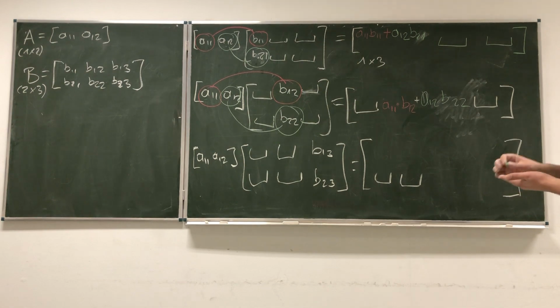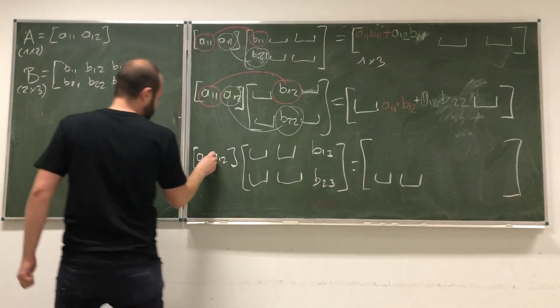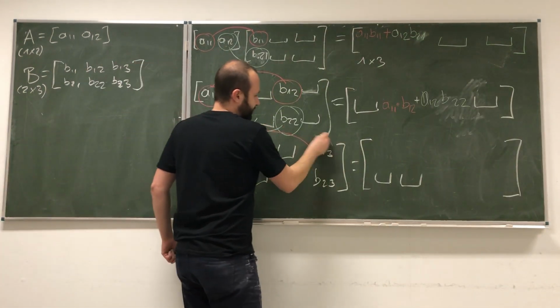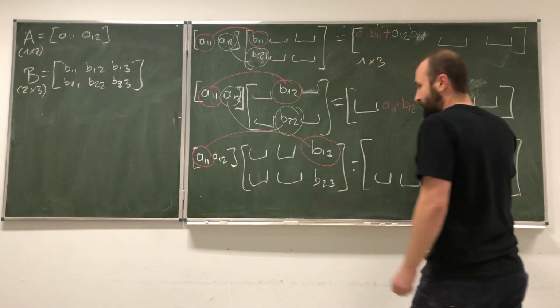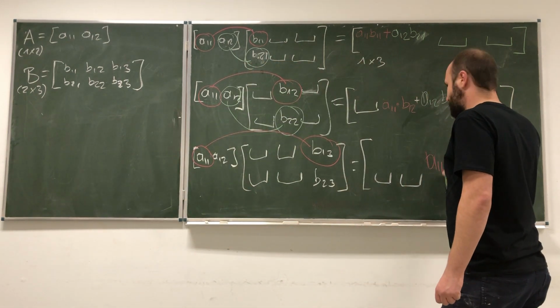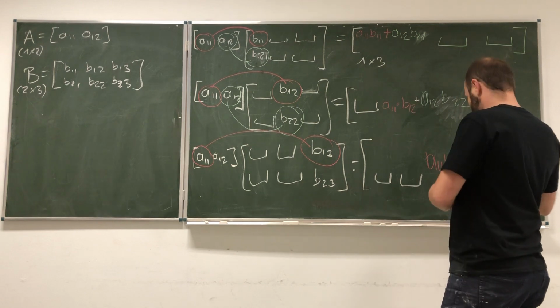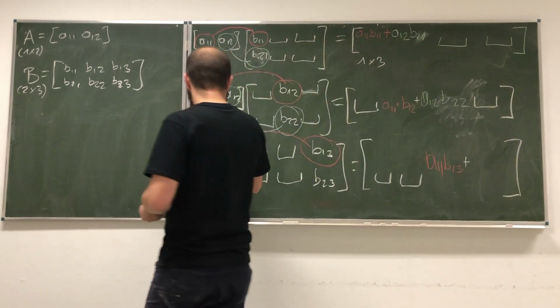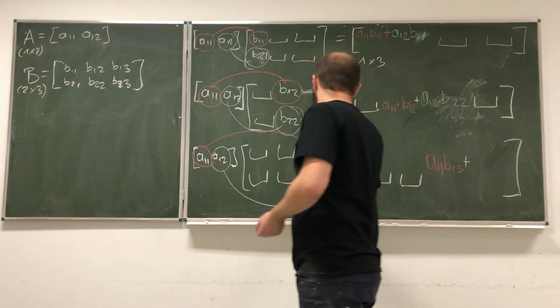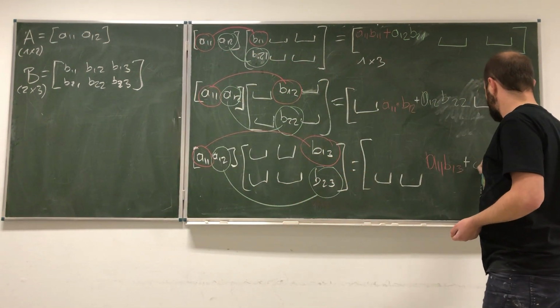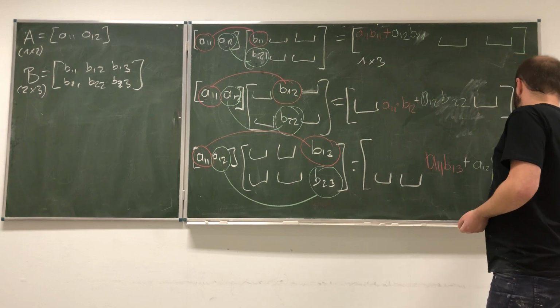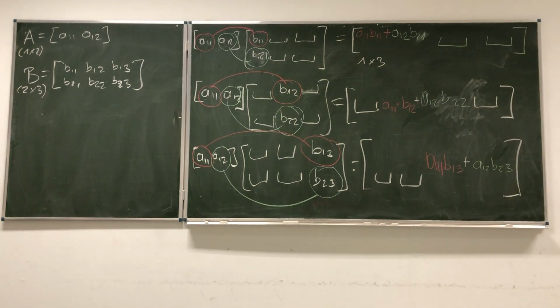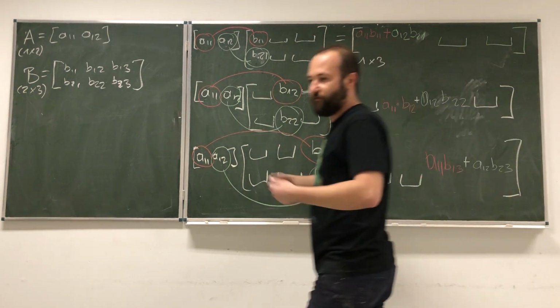And now, again, first element from here, A11 B13, plus A12 times B23. Now, if we calculated all these values, we would get the outcome of matrix multiplication.